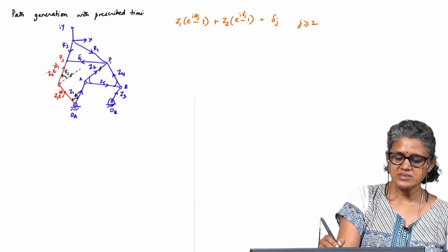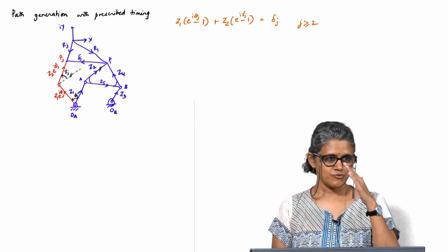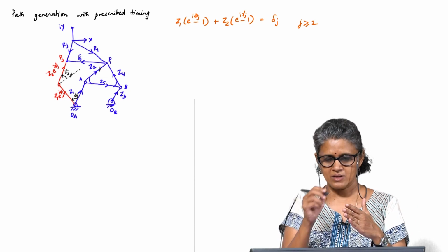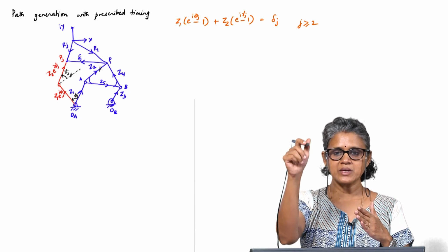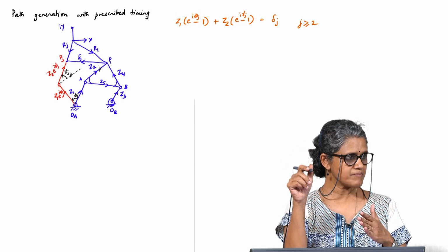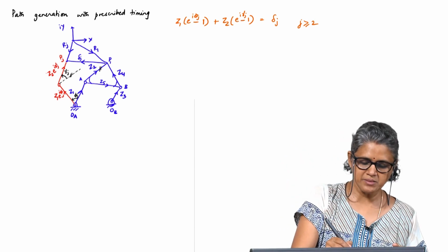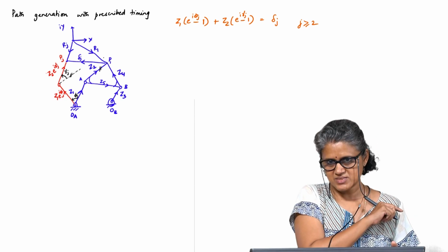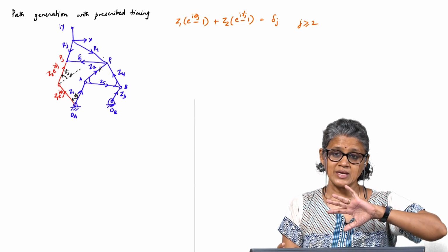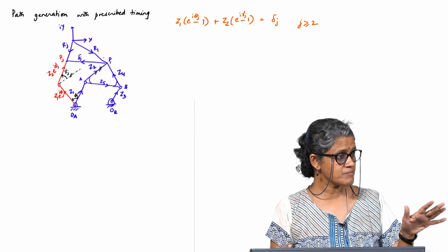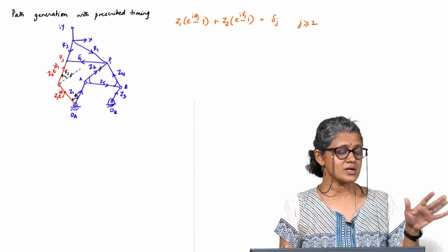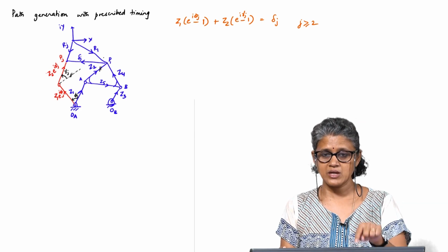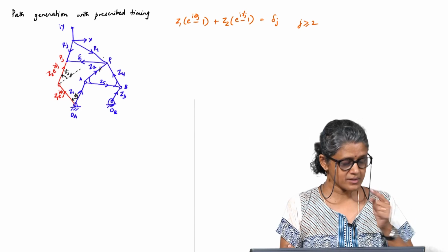Prescribed timing means for a certain input angle, okay, you want the coupler point to be at a certain location. Path generation means you are only worried about the location of this coupler point P at successive positions. You don't really care about the orientation of the coupler. You only care about where P is located.